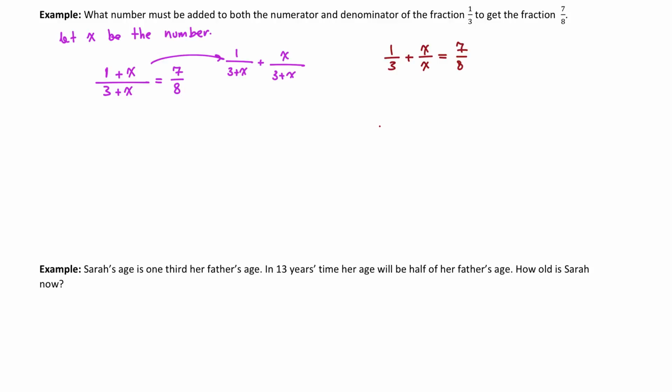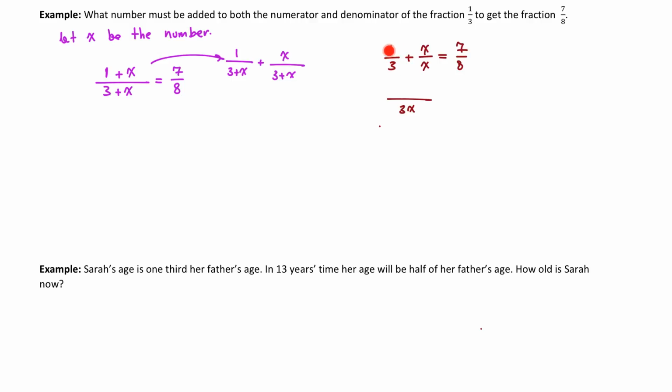On the right side, however, my common denominator between these two is actually 3x. So if I get a common denominator, I would get 3x, and I would have to multiply the numerator here by x, since the denominator needs to be multiplied by x to get 3x.